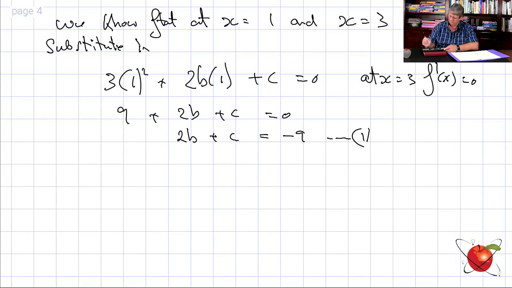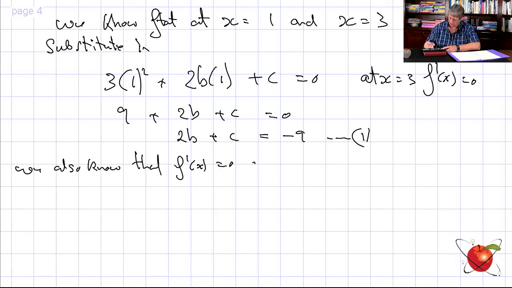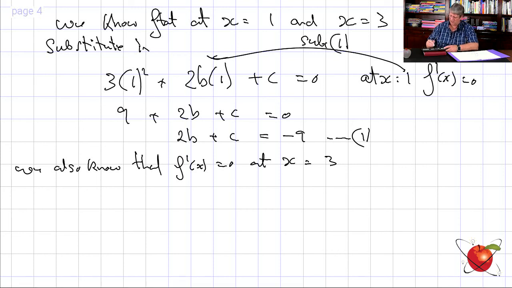Remember I said, we also know that f prime of x equals naught at x equals 3.